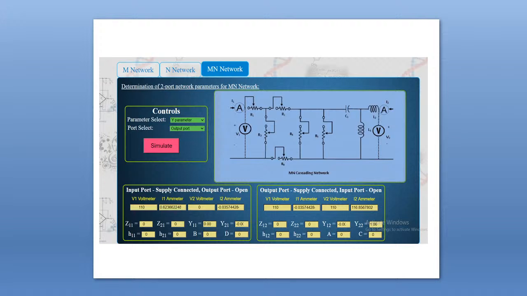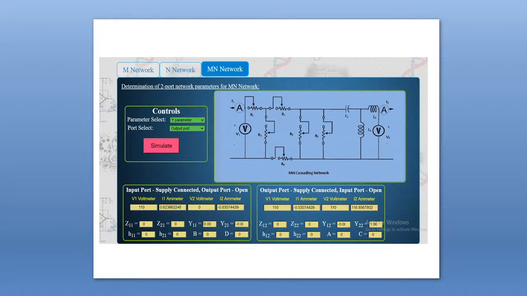Because the space is very small, it shows only two digits, 0.00. But if you click on that particular space, then you can find the non-zero values of the y parameters. So first, everyone complete the experiment.